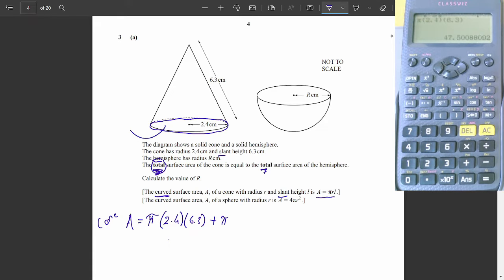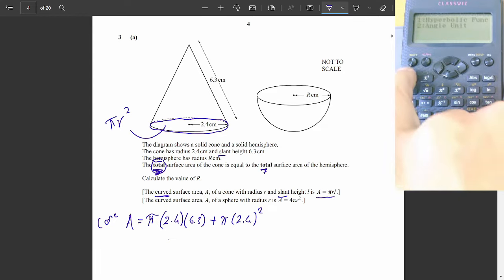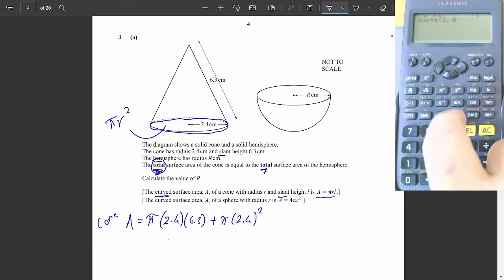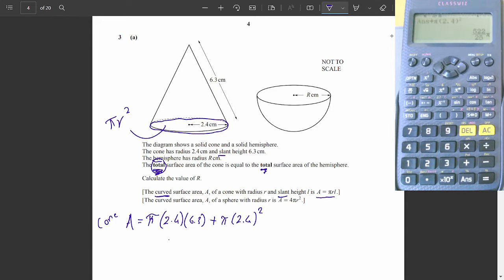So pi times the radius 2.4 squared. To the answer we have here, we add another pi times 2.4 squared. That gives us the total surface area of the cone.